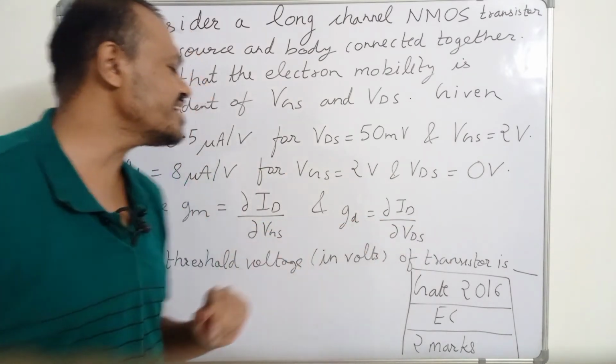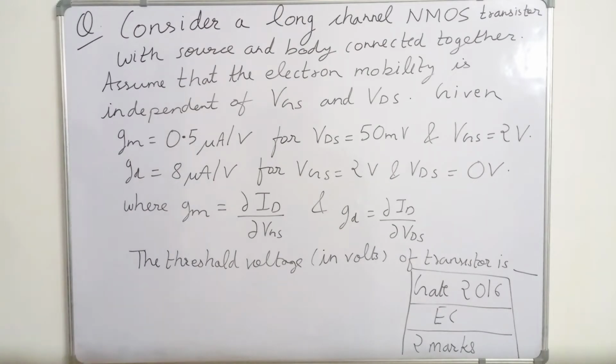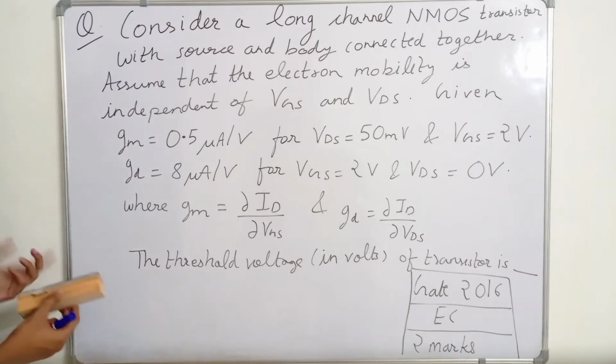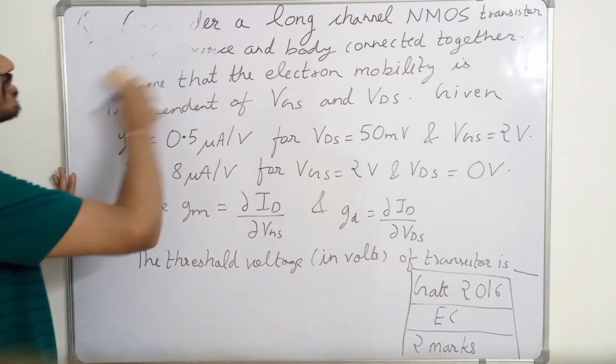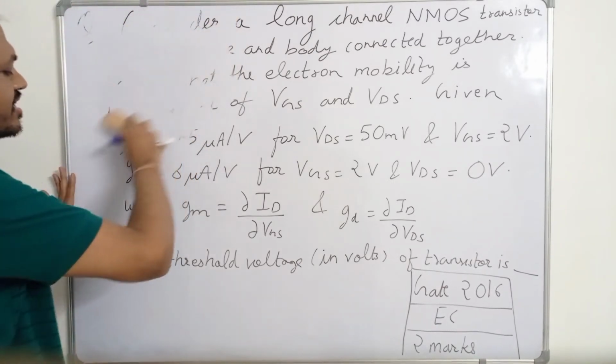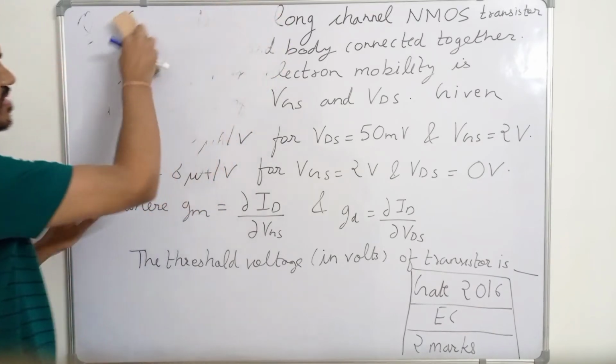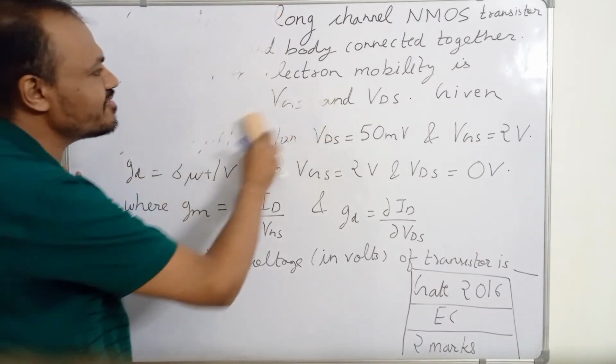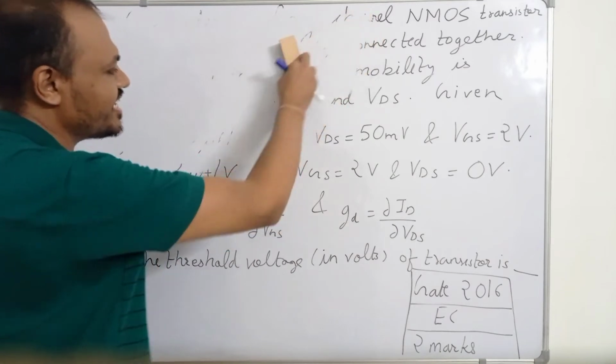We have to find the threshold voltage of the transistor. Again this is a very easy and very good question.